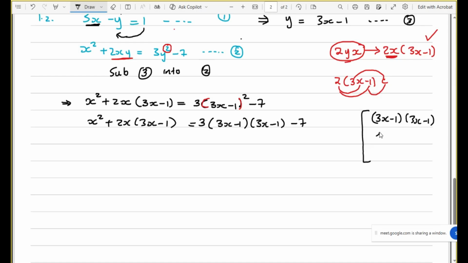So 3 times 3, that's 9. This will give me 9x squared. And then I'll have 3x times minus 1, that's minus 3x, minus 3x, plus 1. The like terms: this is 9x squared, and then minus 9x plus 1. So look at what we have here, not minus 9x, but this should be minus 6x.